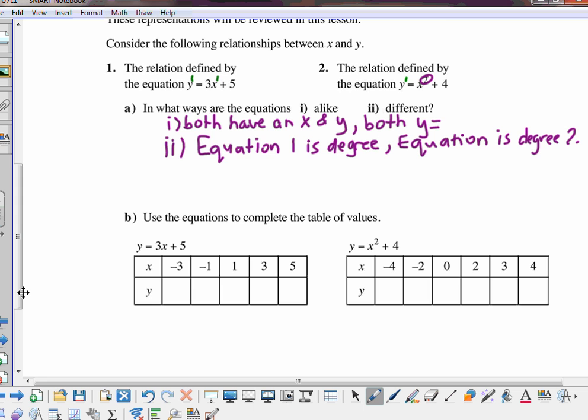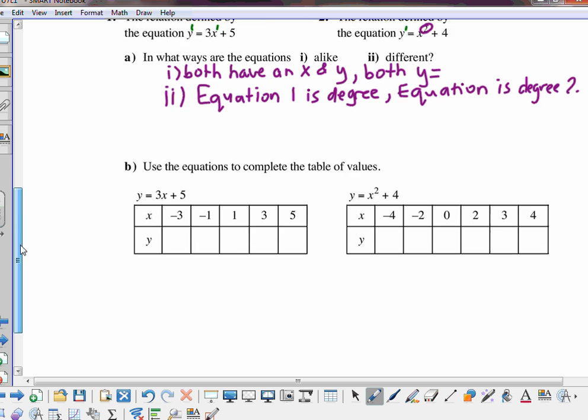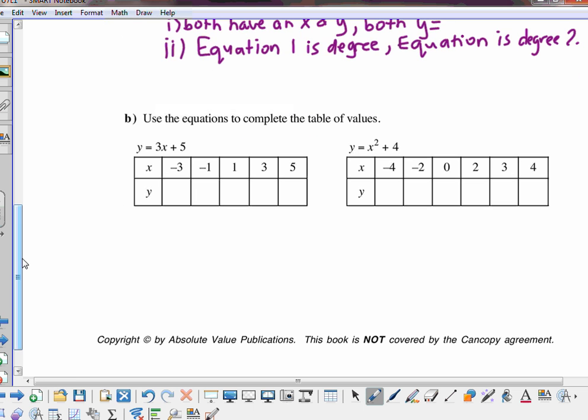So use the equations to complete the table of values. So we have an equation, y equals 3x plus 5. So they give us different inputs. X is the input, y is going to be the output. So how do we figure out y when x is negative 3? 3 times negative 3 plus 5. Negative 9 plus 5 is negative 4. Okay, let's do that for negative 1 now. 3 times negative 1 plus 5.